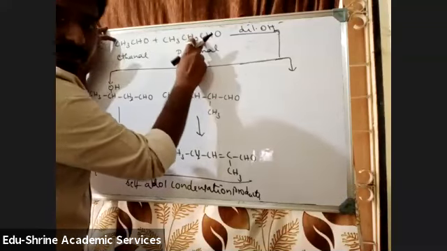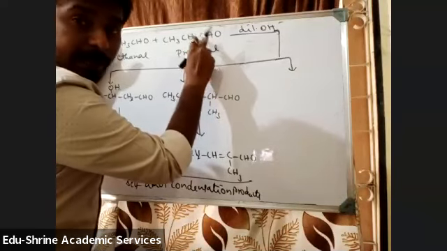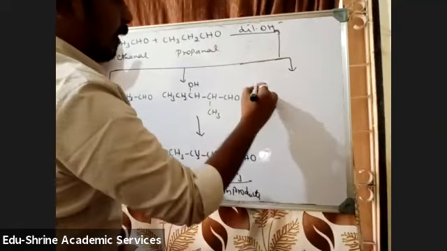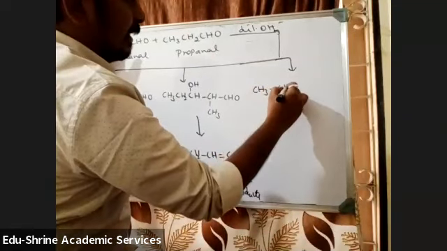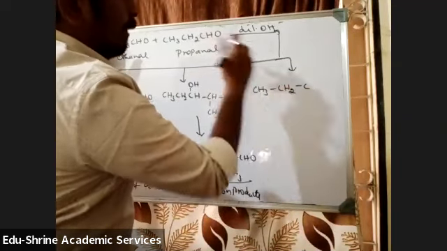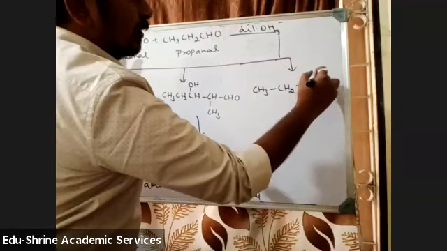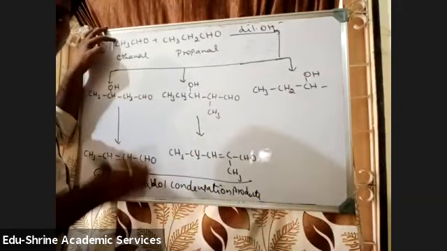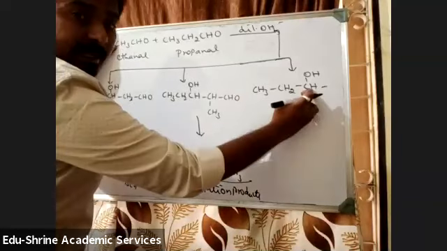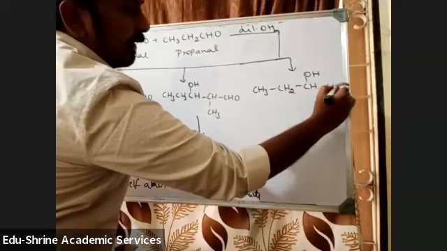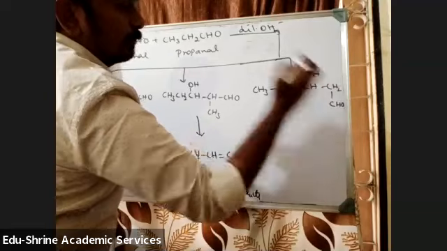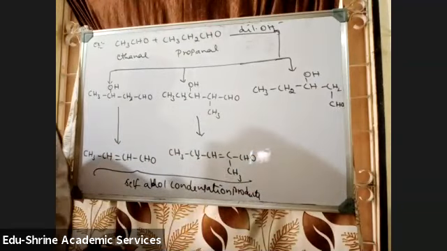This will be attacking this carbonyl group, so this converts into OH. So the third product is CH3, CH2, C double bond O converted to OH, CHOH. Then this CH2 will be attacking this carbon atom and you will get CH2, CHO.